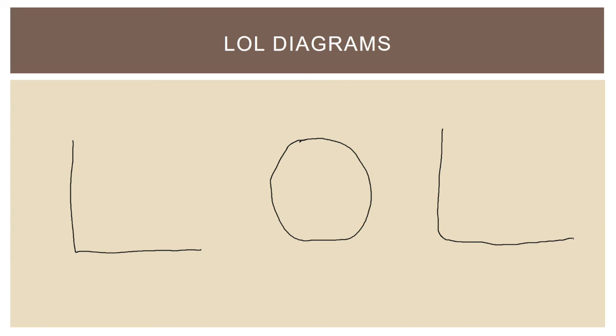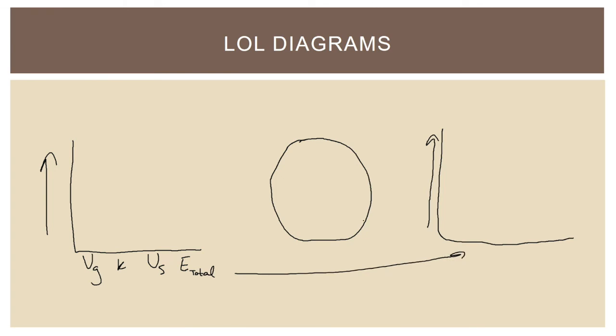The idea behind these diagrams, at least, is that they're a little more useful to some degree because they really can help you write the conservation of energy equation. Now, you guys already know how to do that, so I'm not really worried about that. But essentially what they do is they show the amount of energy on these axes. I'm going to write this down in a second. They show the different types of energy here, and they do the same thing on this side. And then here is where they write the parts of the system, all the objects that are contained in the system.